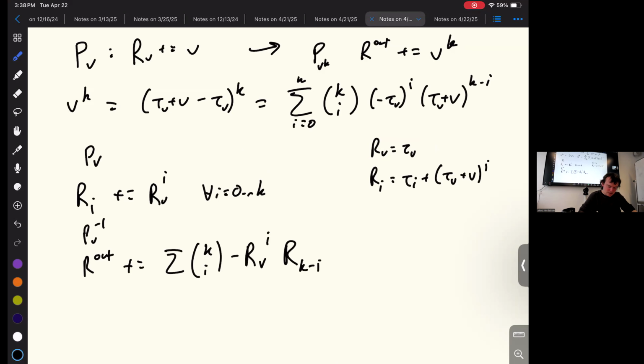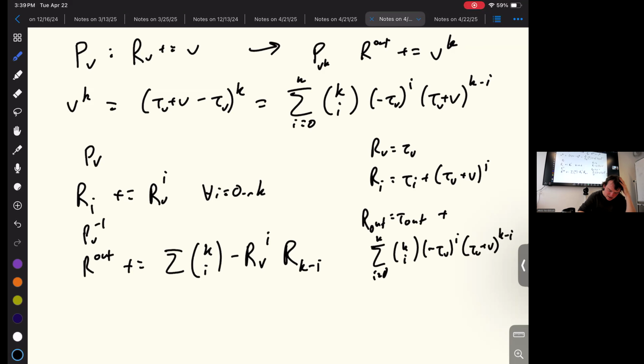Okay. And the net result of this is that R_out is equal to tau_out plus, I'm switching the outs, that's all right, the sum of i equals 0 up to k of k choose i times (minus tau_v)^i times (tau_v plus v)^(k minus i), plus the sum of k choose i of (minus tau_v)^i times the actual value tau_i, right?